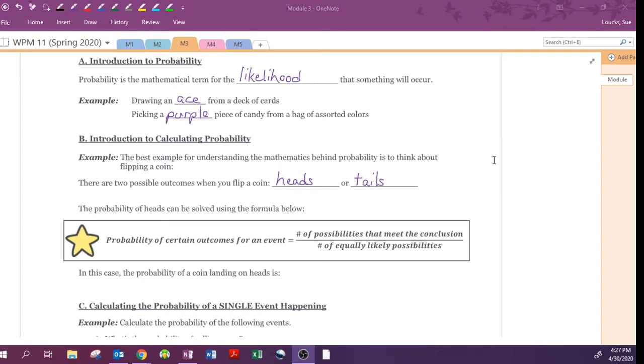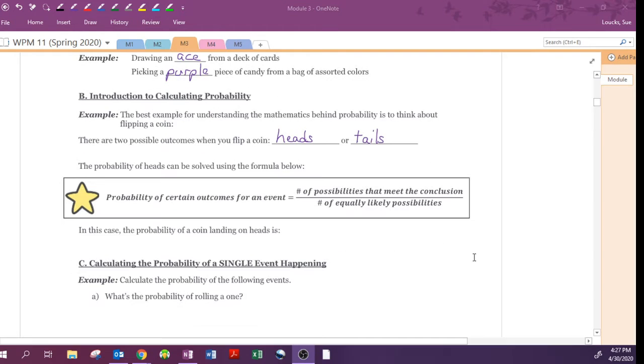The best example for starting to look at this is something we're all familiar with, which is when you flip a coin. You can have heads or you can have tails. So the probability of it being heads can be calculated with this formula. The probability of a certain outcome happening equals the number of possibilities that meet that conclusion divided by the number of equally likely possibilities.